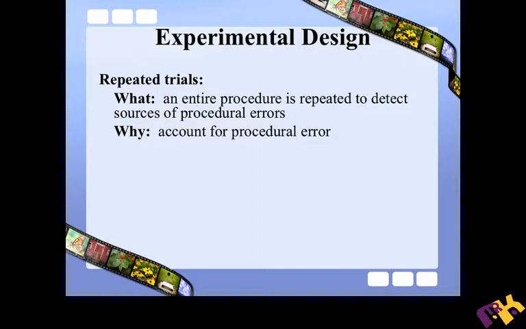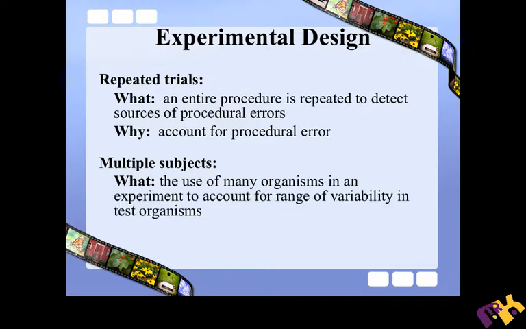We should also consider the idea of repeated trials, because sometimes we need to repeat the process to rule out error in the procedure that we conducted. Again, the reason is to account for procedural error. Sometimes we use more than one subject. If we use more than one organism in an experiment, we can also account for the range of variability from one organism to the next.